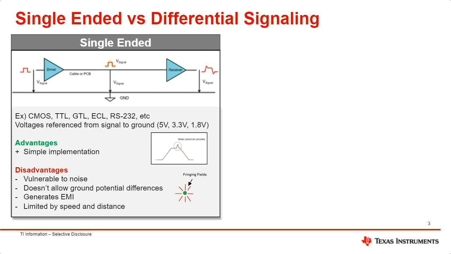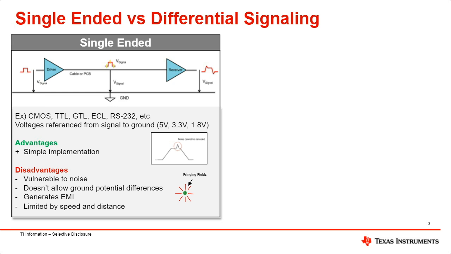It consists of a driver, a receiver, and a single conductor that carries a signal that's referenced to some voltage. And oftentimes this voltage is ground. So it has the advantage that it's very simple to implement, but it does have some drawbacks. The first drawback is that these single-ended signals are vulnerable to noise that's in the system.